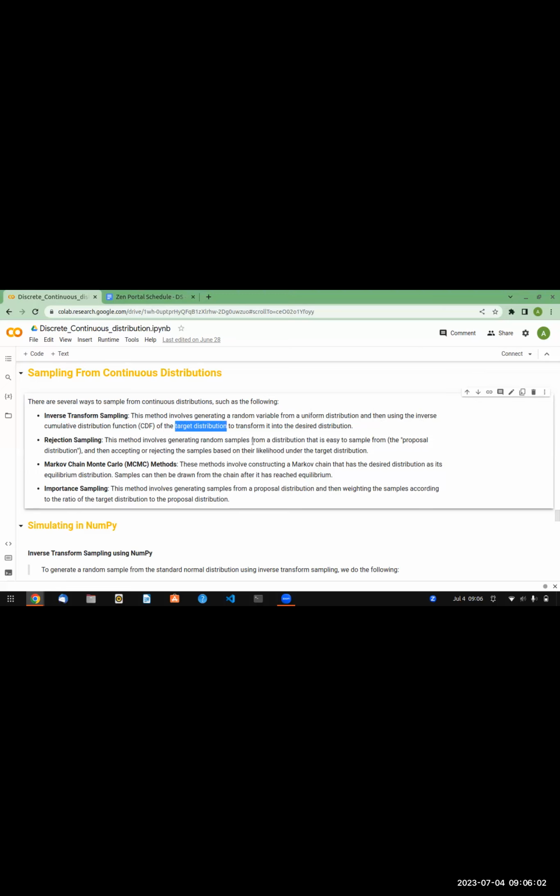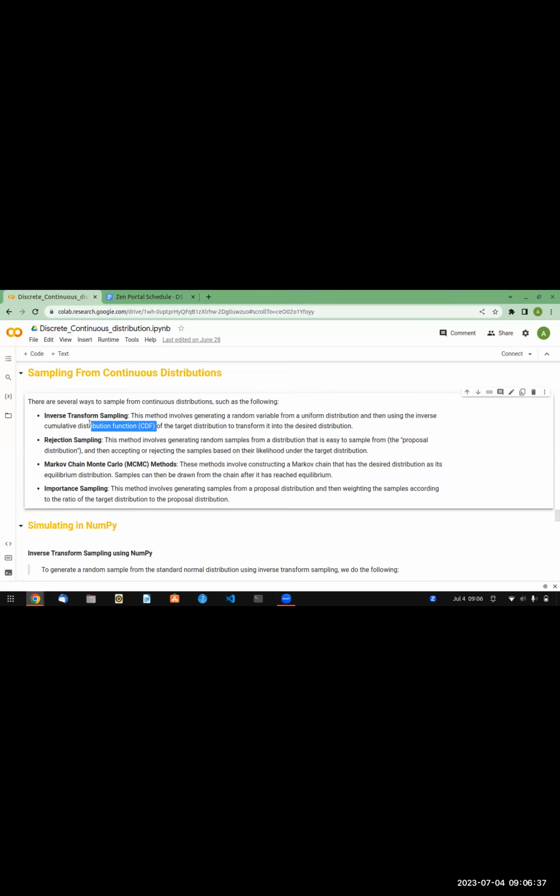Suppose I want to take a sample from a normal distribution. That is my target distribution. So two types of distribution we are using here: one is the target distribution, one is the uniform distribution. First we'll generate some random variables from the uniform distribution. Then, after generating the variables from that uniform distribution, we are going to apply the inverse CDF of our target distribution.